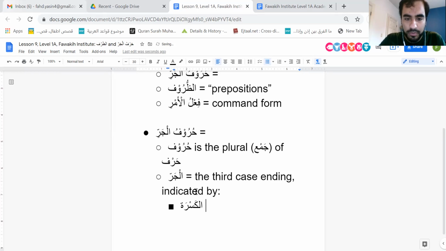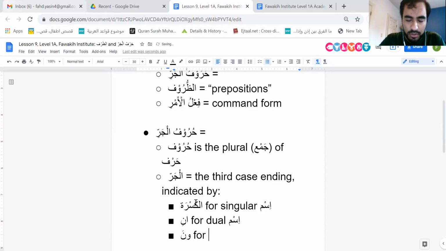Kasra for a singular ism, right? It's indicated by kasra for a singular ism. It's indicated by ani for a dual ism, and it's indicated by una for a plural ism.